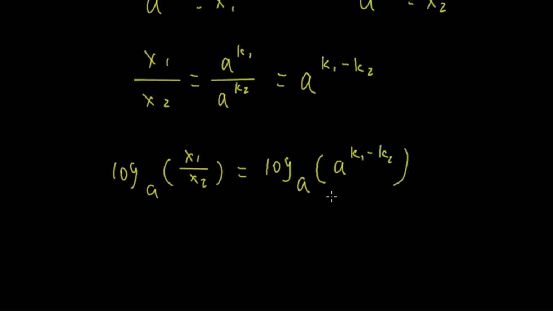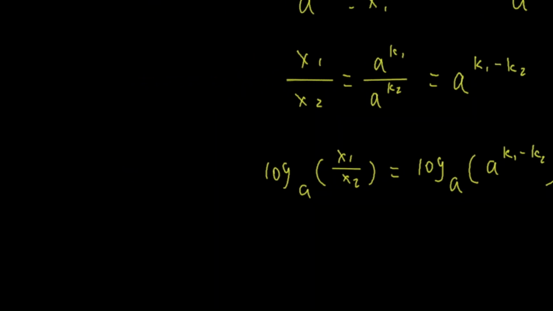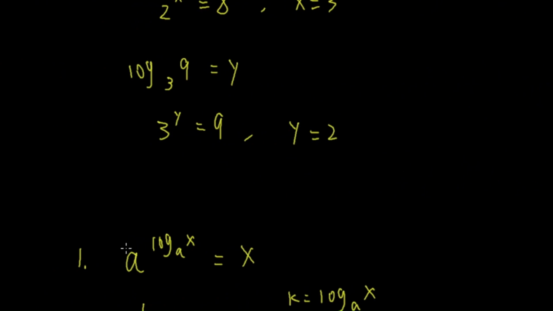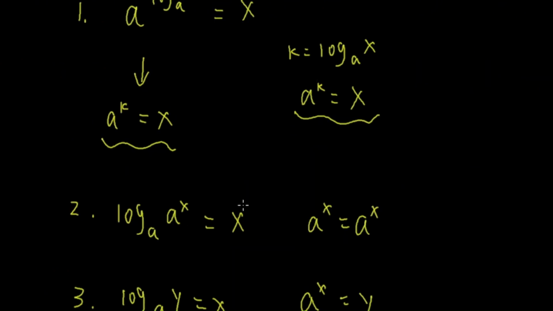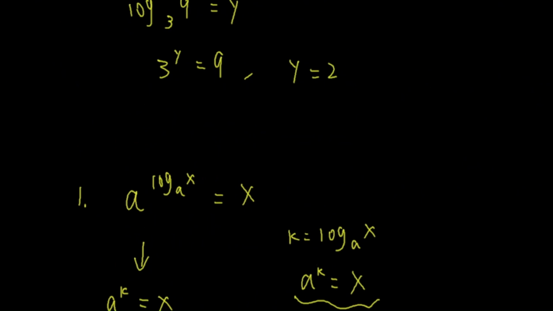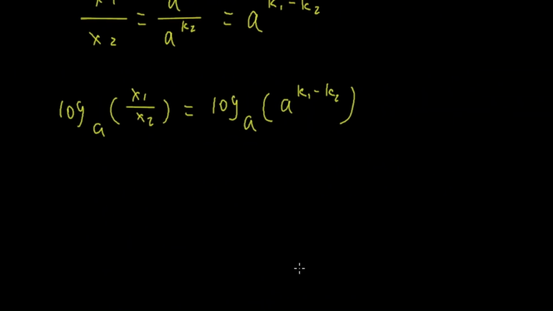Now again, based on the second property here, this here will give you x. That means this one here will give you k sub 1 minus k sub 2.